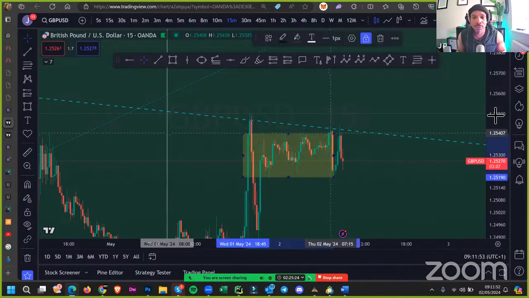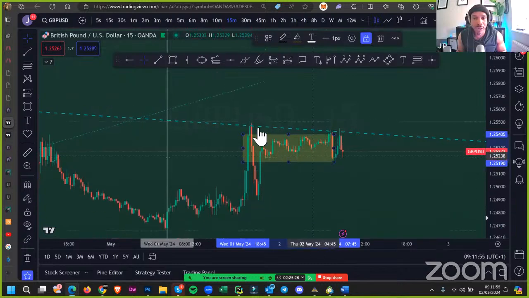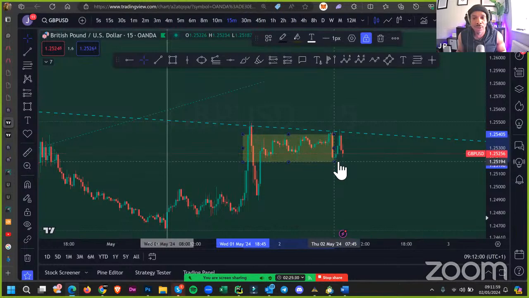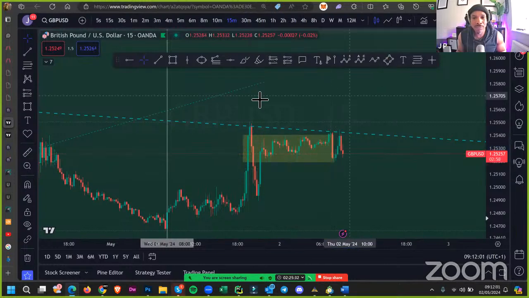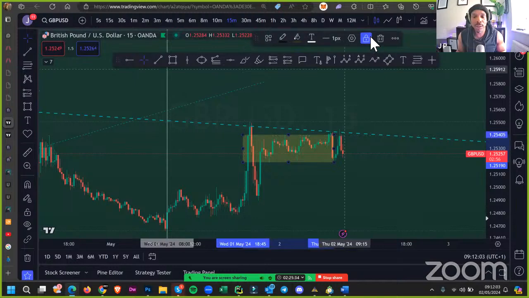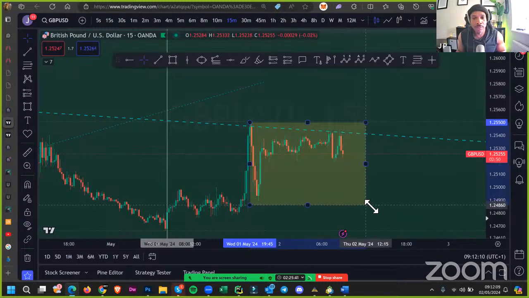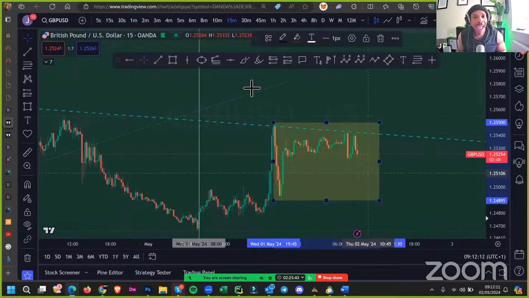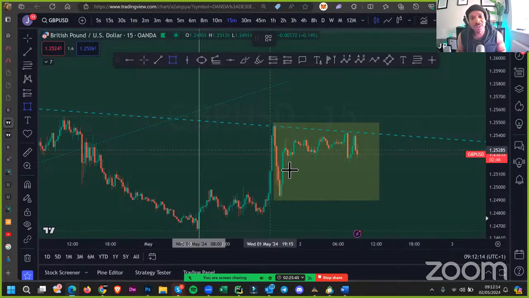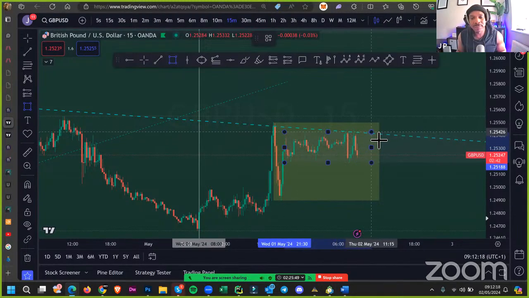At the moment, the market pushed all the way up to this highest point, came all the way down here and started consolidating. The market is trading within a box, which is this high and this low. And even within that box, we can see some further sideways action in here.